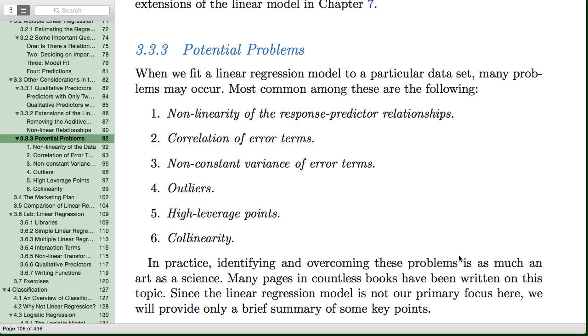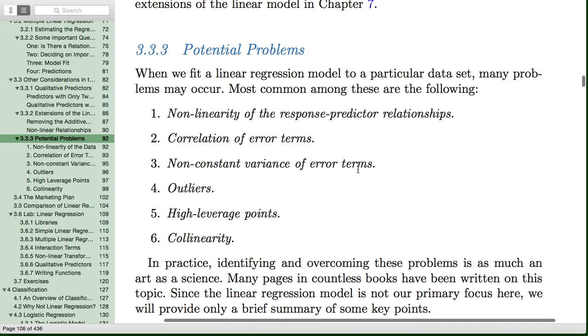People get paid just to figure this stuff out, particularly in the insurance industry and the credit industry. So it's important stuff, but it's not the center point of this course. This course is just going to introduce a number of methods, of which linear regression is just one. So we're just going to give a very high-level coverage of these 6 issues.